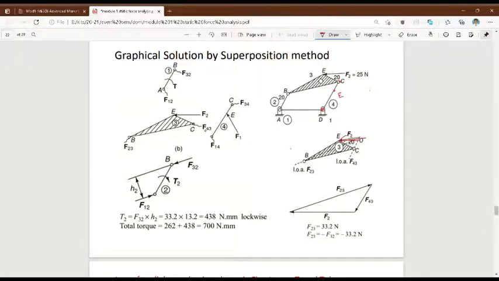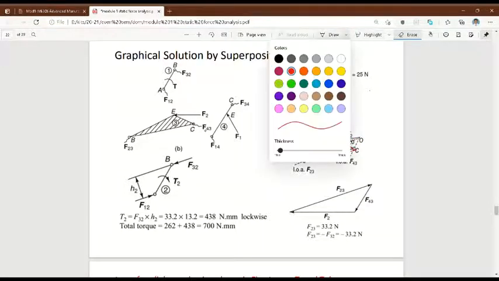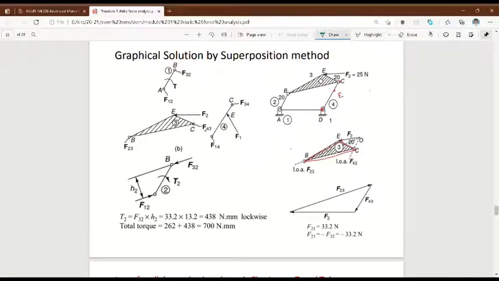Draw BEC again. See, here we have drawn BEC, and then this force member, and then draw this force. Horizontal F2. Draw horizontal F2. It has been drawn.